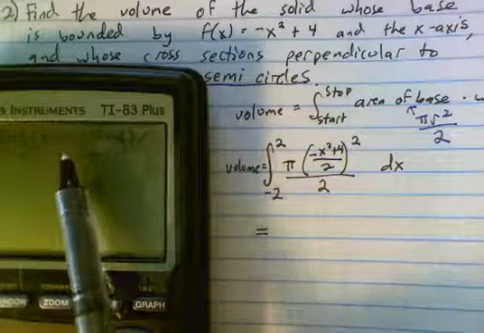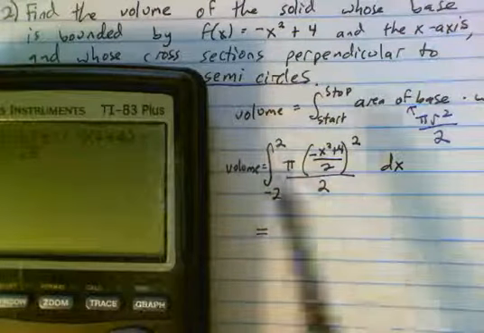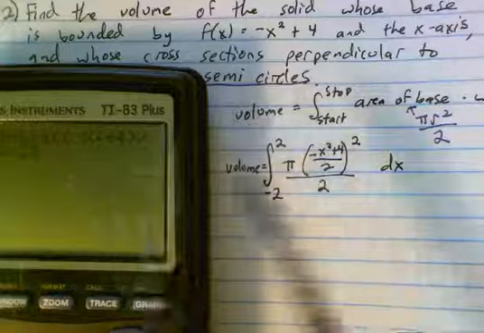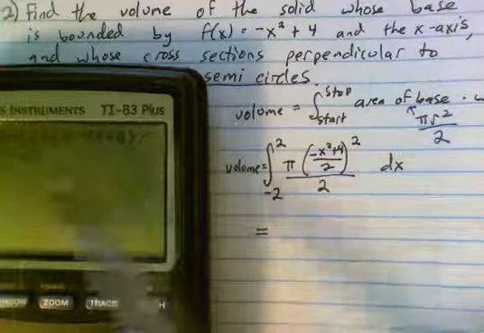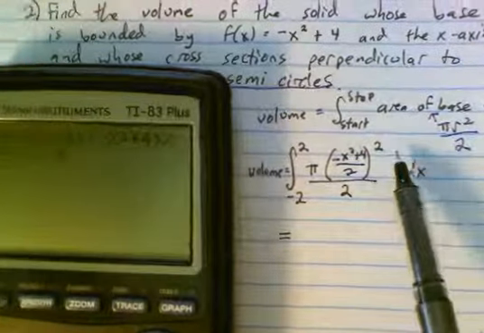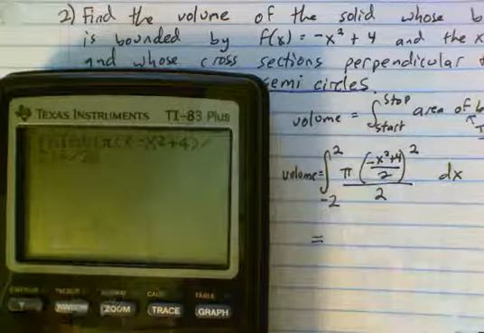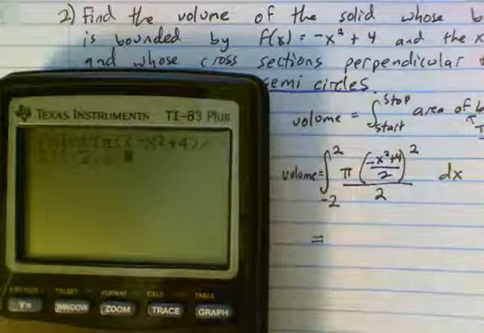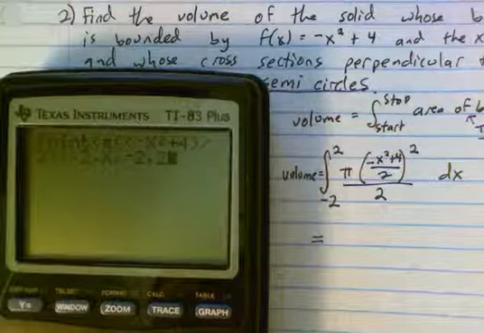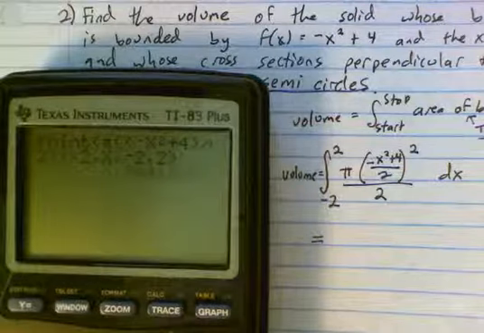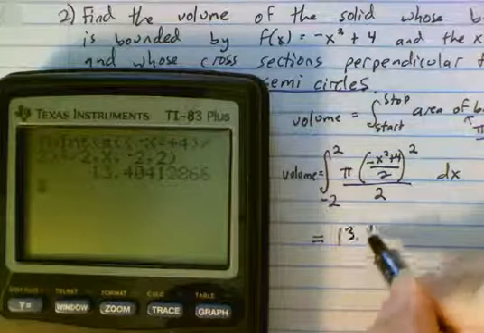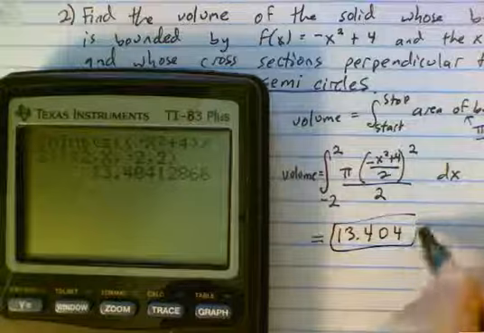So I've got one parenthesis around this numerator here, squared, that whole thing in parentheses, squared, that whole thing divided by 2, multiplied by pi. Okay, variable is x. We're going from negative 2 to 2. And there we are.